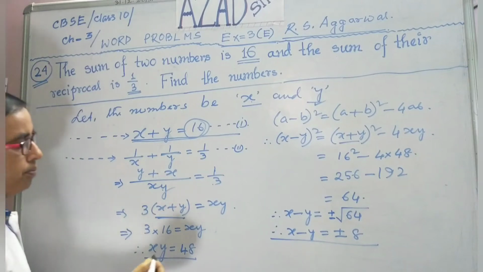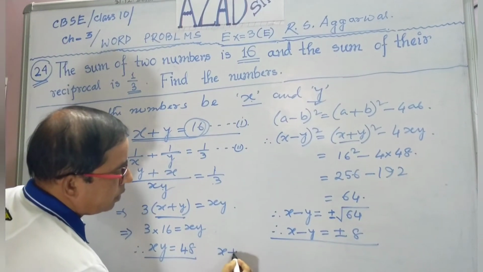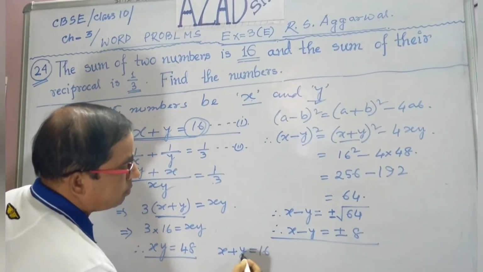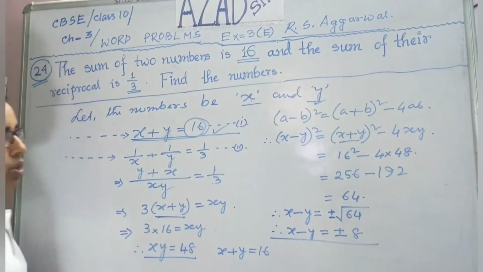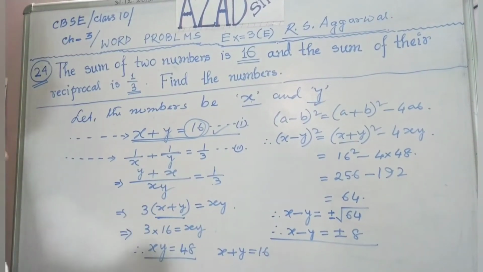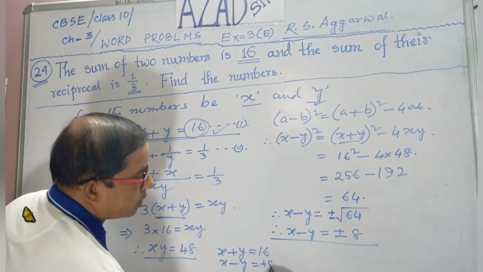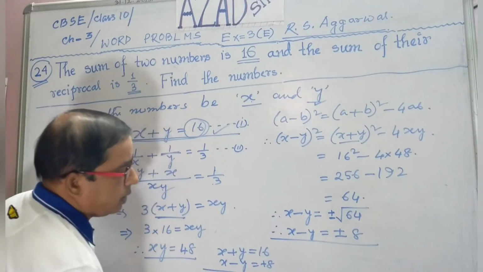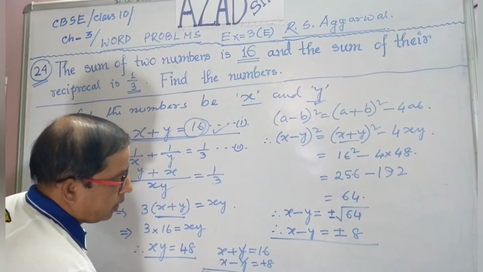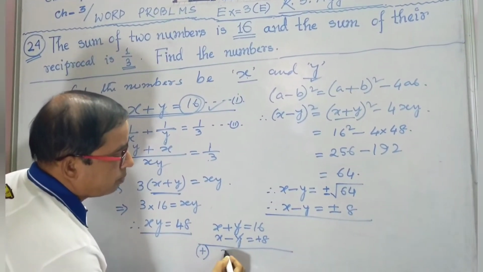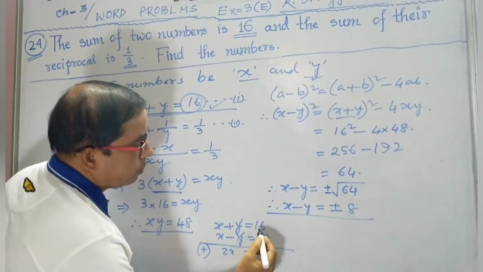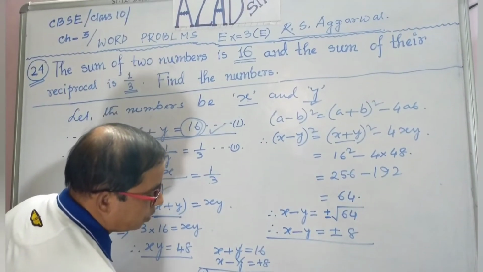Now listen to me. If I write here x plus y equal to 16, here it was in equation 1. And from here we can take x minus y as plus 8. Now if I add here, by adding these two, we get 2x equal to 24.